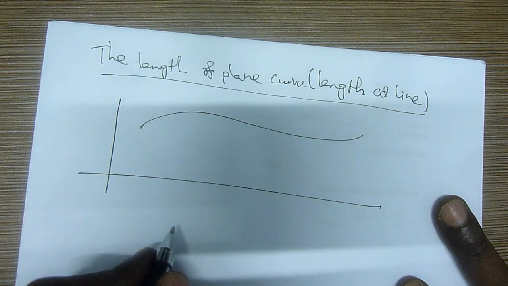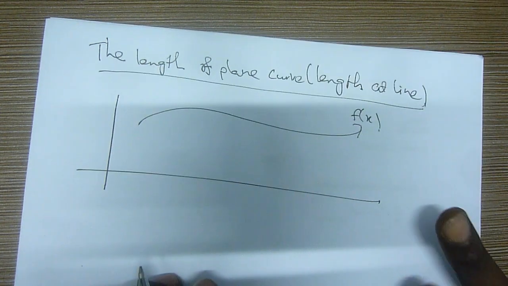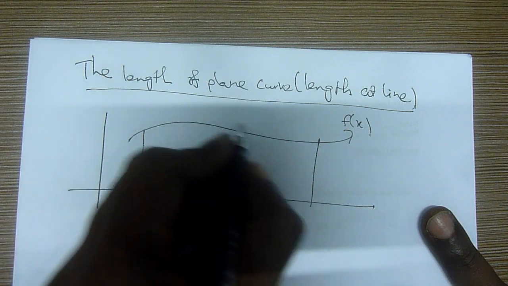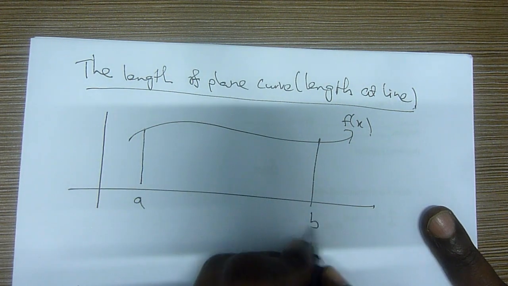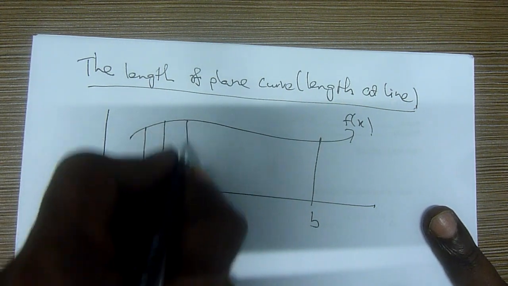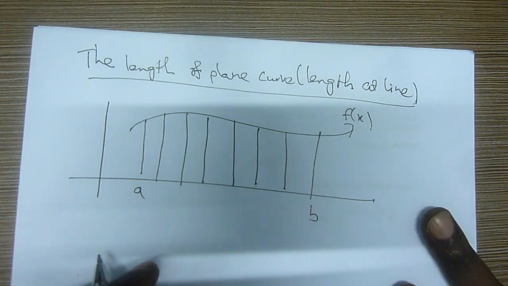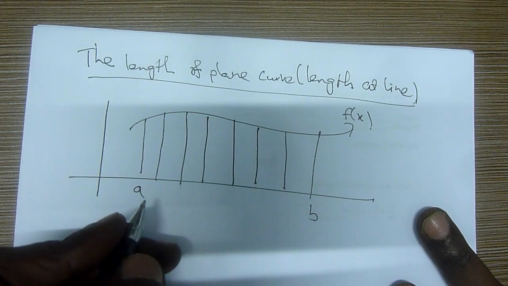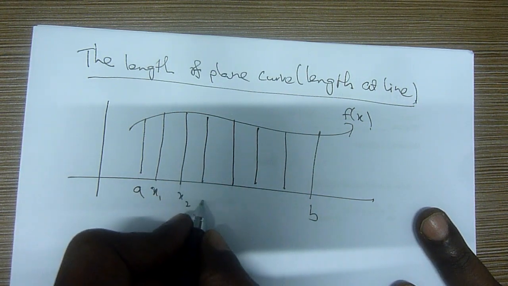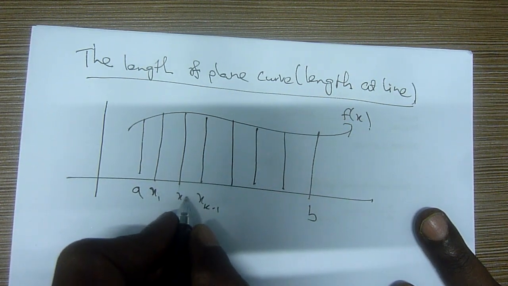Suppose there is a curve which can be drawn using f(x) here, and I would like to calculate the length of this from A to B. Now let me divide this segment into equally sized pieces, and it can be infinite. At the moment I call them x1, x2, and x(k-1), and let's continue.